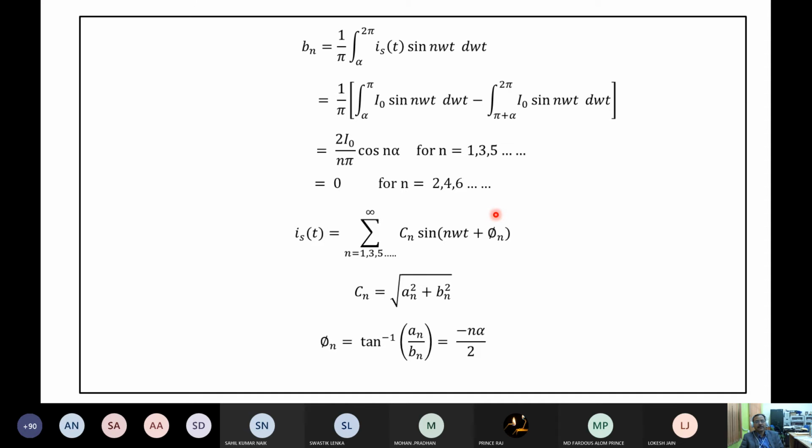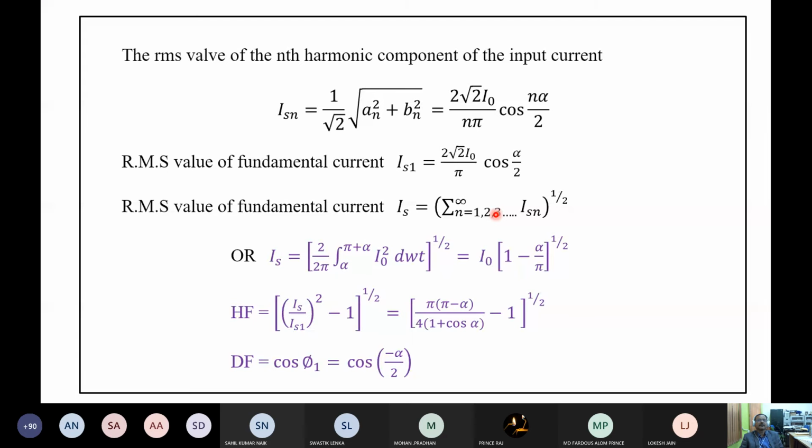For full converter it is minus n alpha, but for semi-converter it is minus n alpha by 2. So you got it. Phi n is the displacement angle of the nth harmonic current. So ISN will be equal to 1 by root 2 root over an square plus bn square.